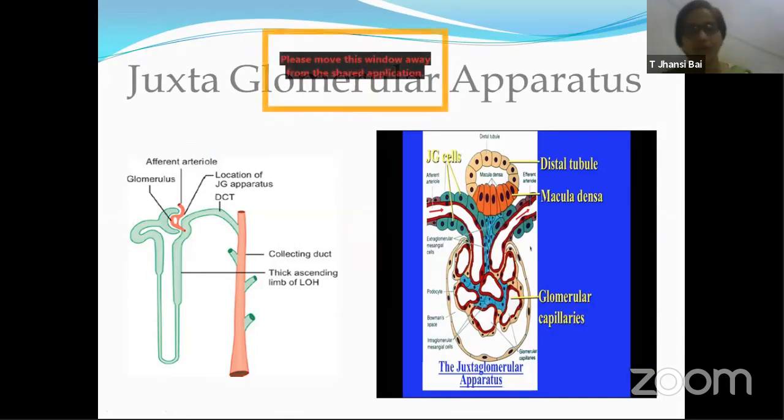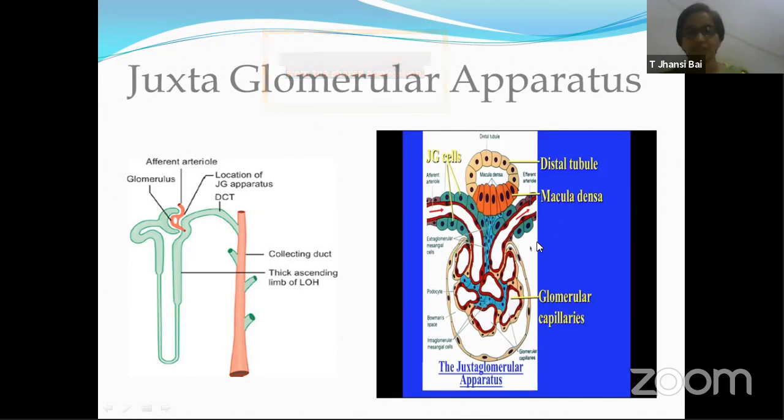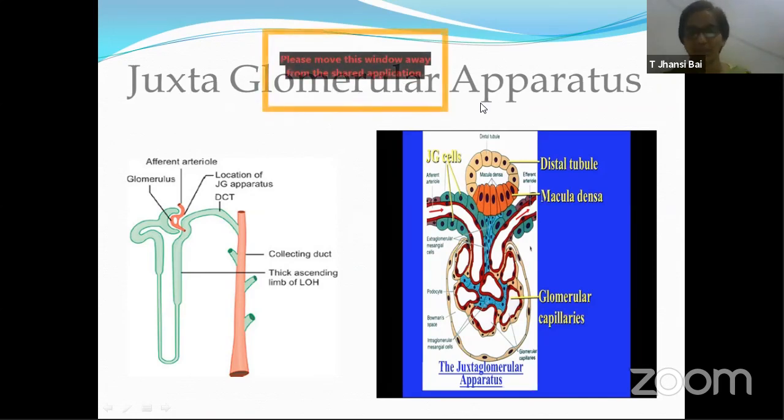And third, some specialized cells of the distal convoluted tubule, cuboidal epithelial cells, which we call macula densa. So the juxtaglomerular cells, the macula densa, and the mesangial cells together form what we call the juxtaglomerular apparatus.